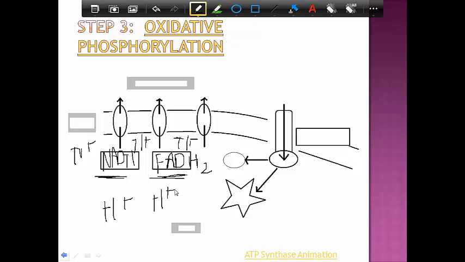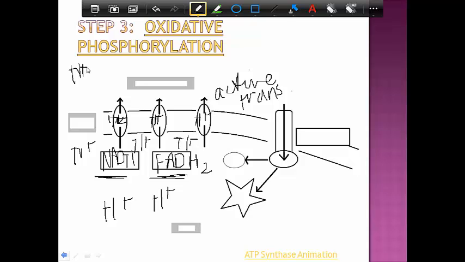But the hydrogen ions are still there, so what happens to them? They actually get pumped across the membrane through active transport. This is active transport because they're pumping it into the intermembrane space.